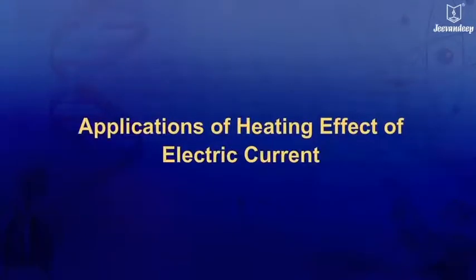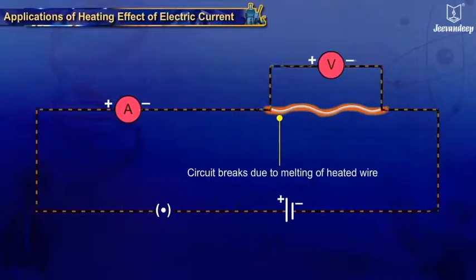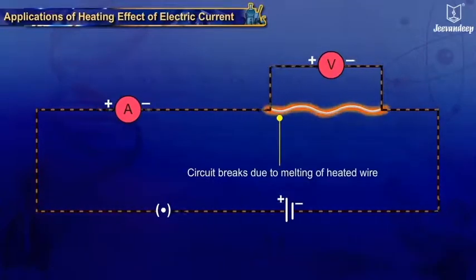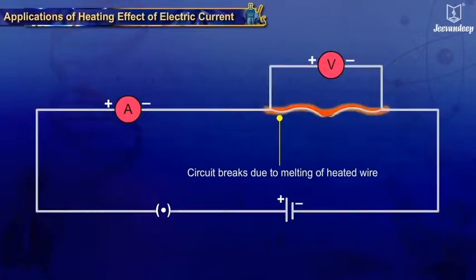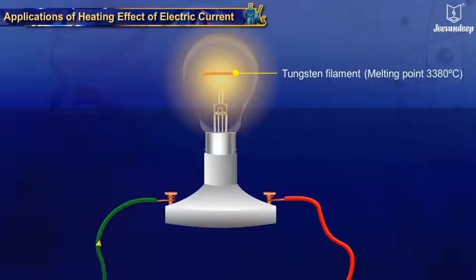Applications of heating effect of electric current. Although heating in an electric circuit increases the temperature of the components, altering their properties adversely, it also has many useful applications, such as when the tungsten filament with melting point 3380 degrees centigrade in an electric bulb becomes hot, it emits light.